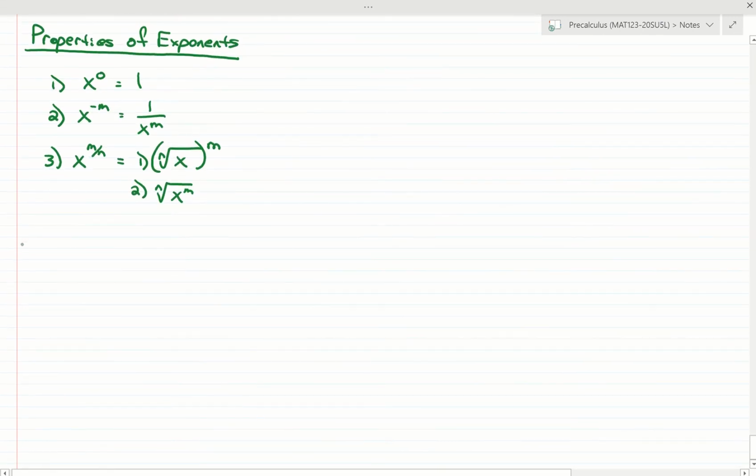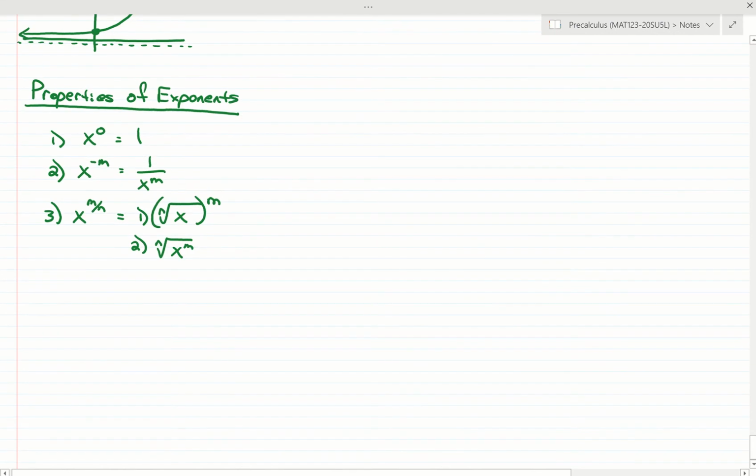So let's evaluate, if f of x is the exponential function 9 to the x power, just using our properties. What's f of negative 2?